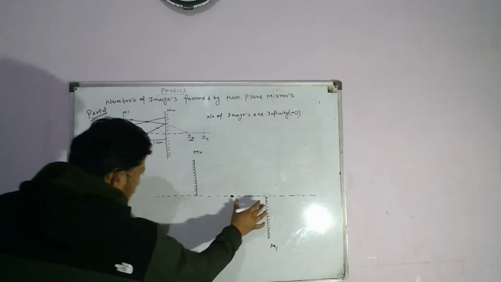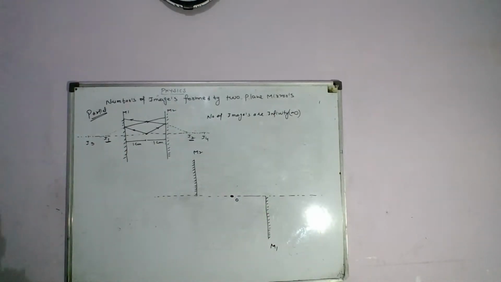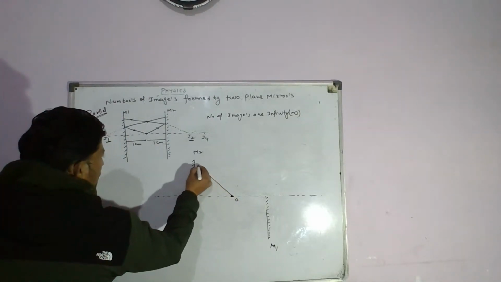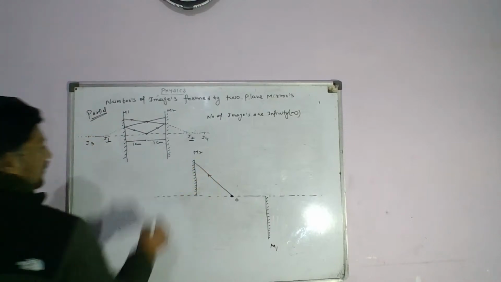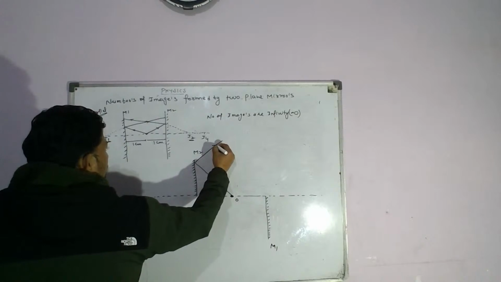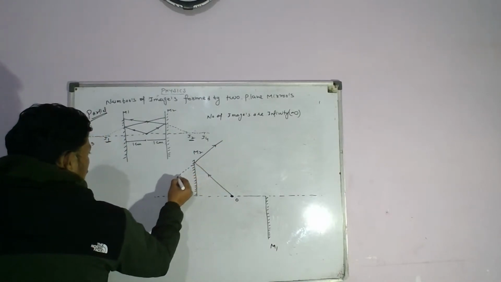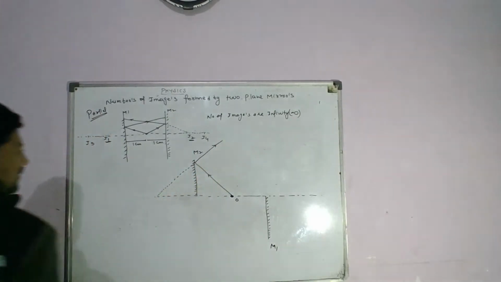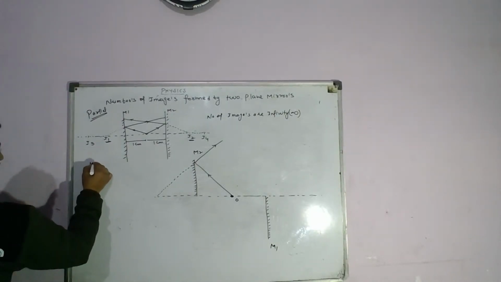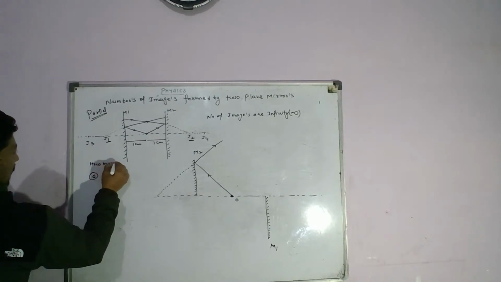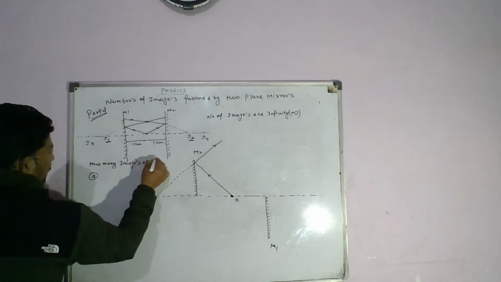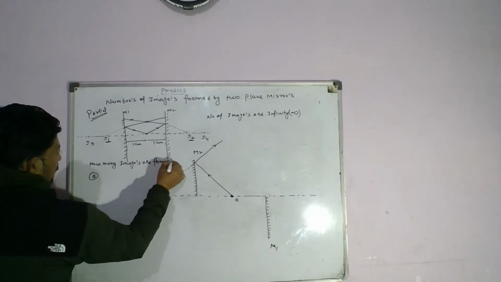This distance and this distance are equal. It means the incident ray strikes on this mirror and it reflects. So I ask you, how many images are formed by these two mirrors?